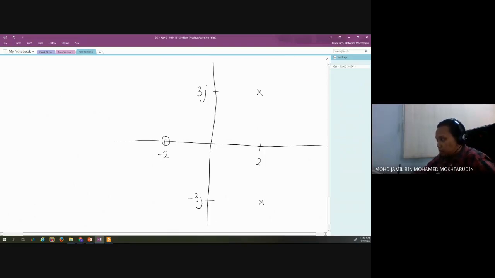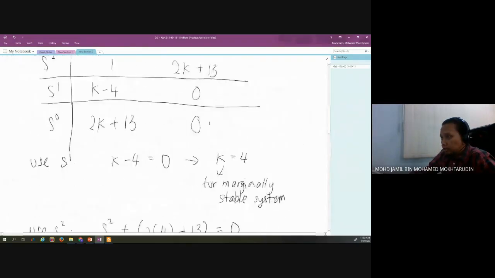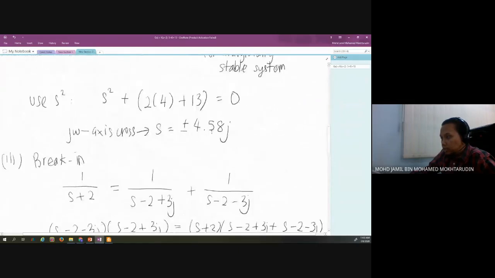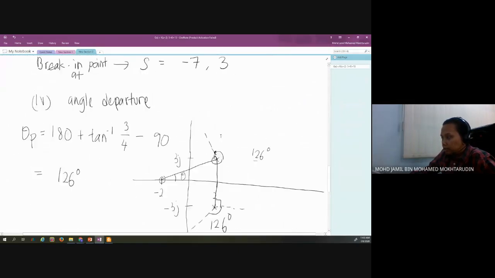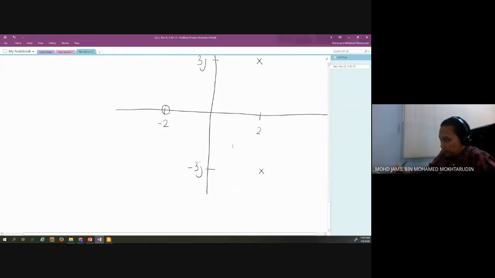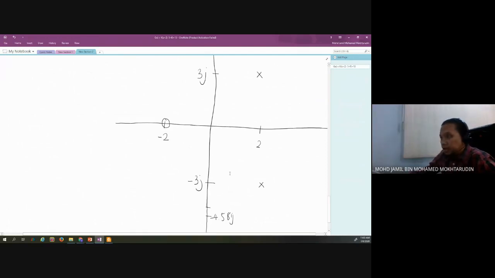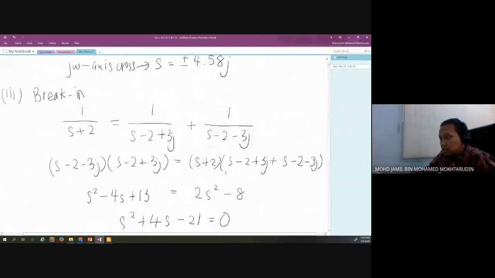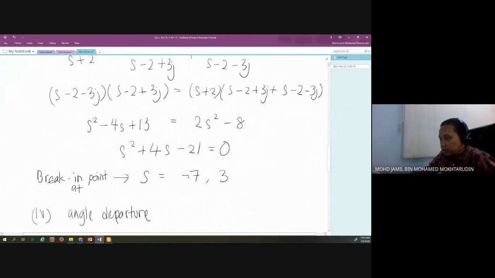Okay, so don't forget. And then after that, plot the jw axis crossing, which is this one, 4.58. So it's somewhere here. And then put the breaking points.